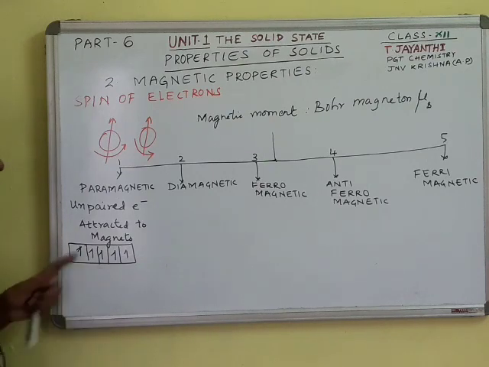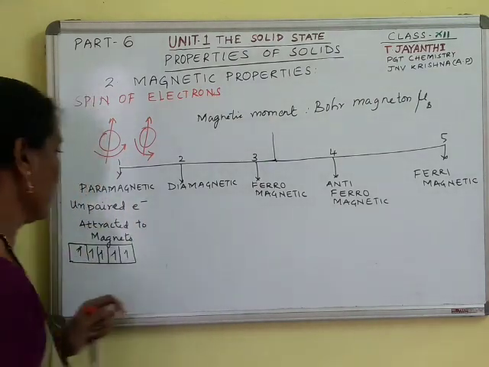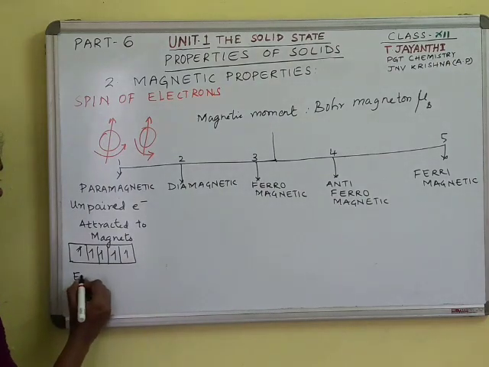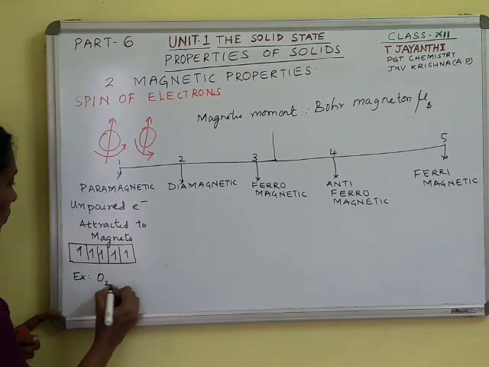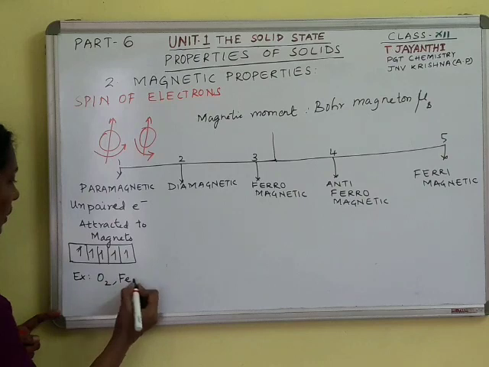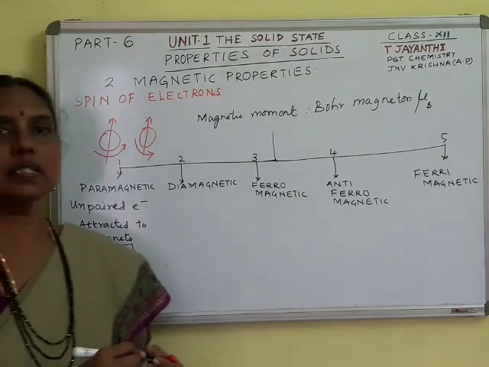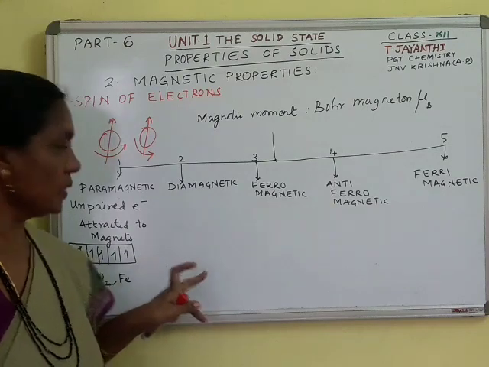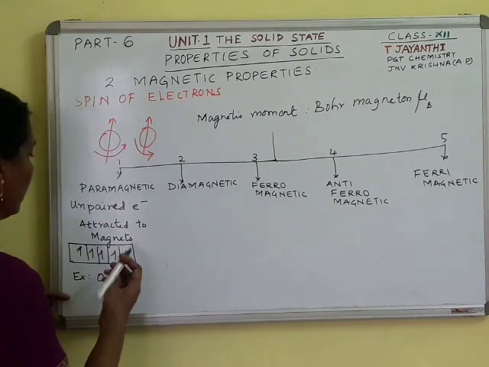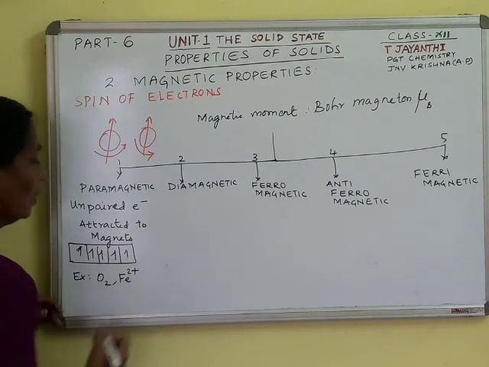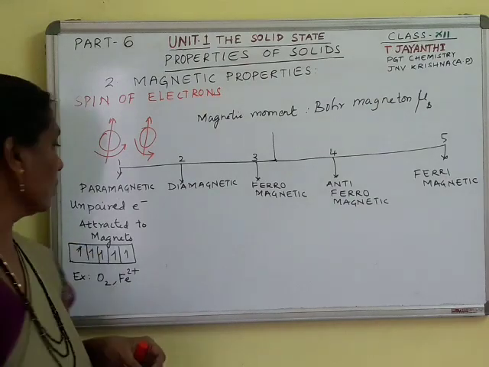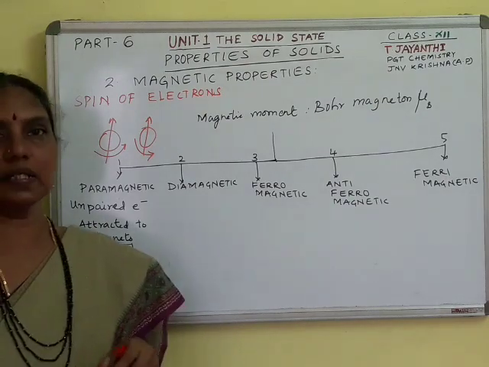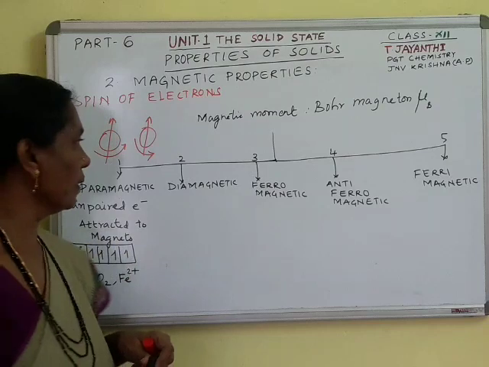That is why they are called paramagnetic substances. Example we can take O2, Fe. These substances are called paramagnetic substances, and iron in its ionic state also comes under a paramagnetic substance which is having unpaired electrons.